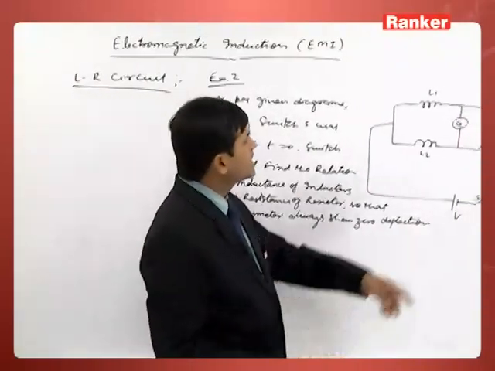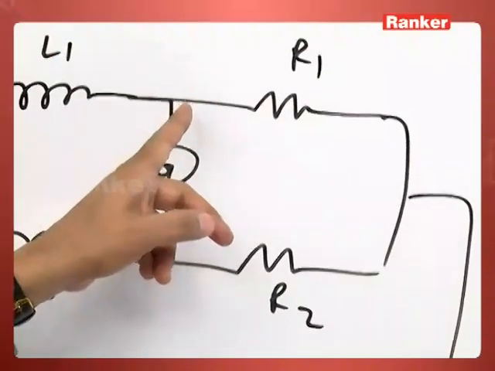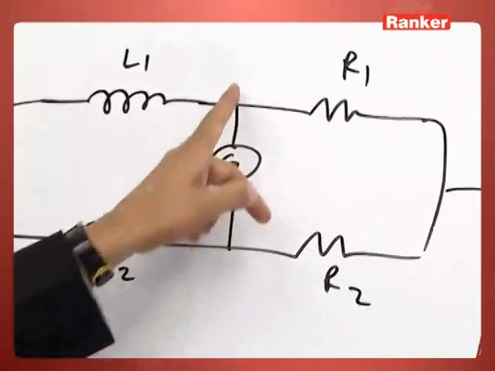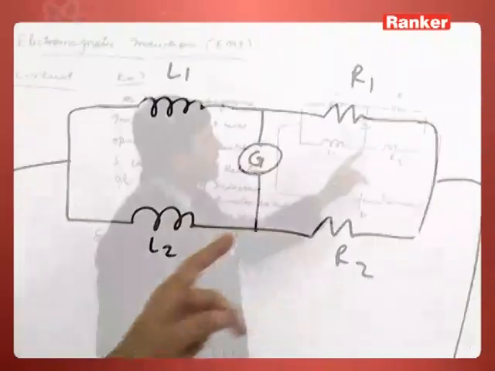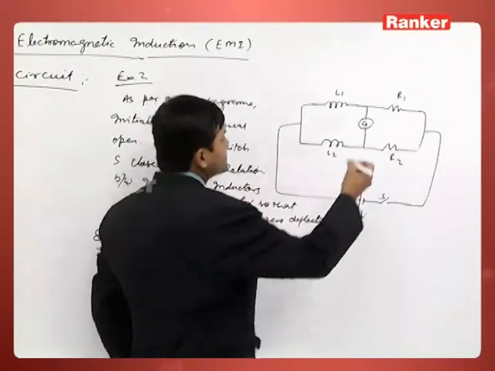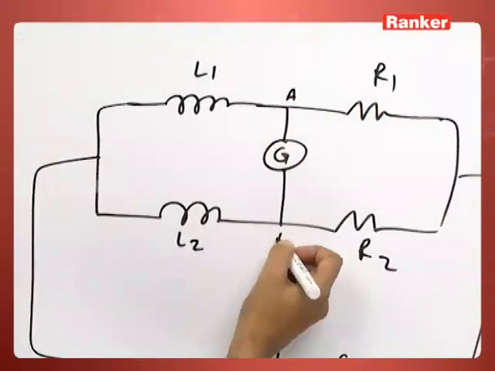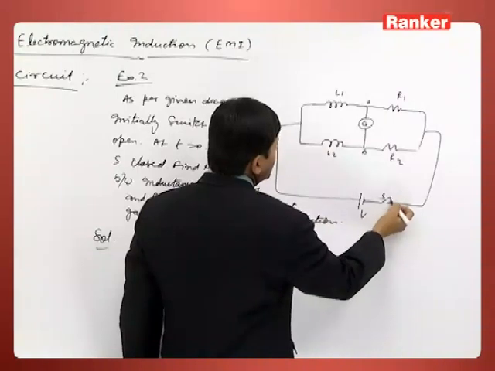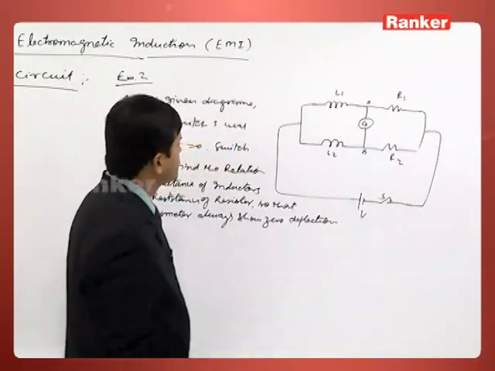The galvanometer reading will be 0 only when these two points are at the same potential. So let A and B be the two points and the switch has been closed.